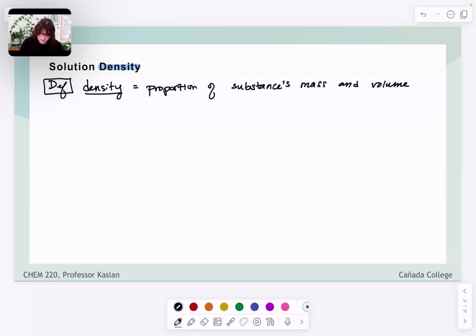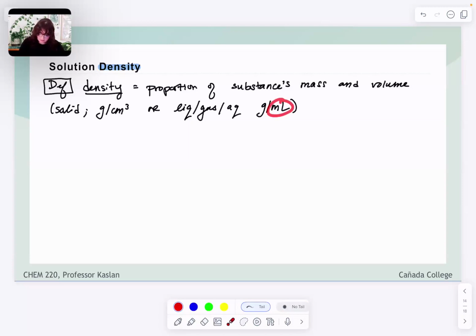And in this class, if it's a solid, we'll see that in grams per cubic centimeter. And if it is a liquid, solution, or gas, so aqueous, then we will see it expressed as grams per mL. These are effectively the exact same unit because 1 milliliter is equal to 1 cubic centimeter, but just to keep our technical definitions in place, I wanted to bring that to your attention.